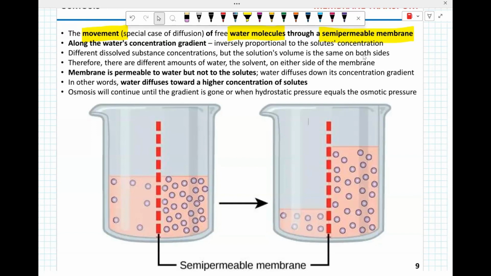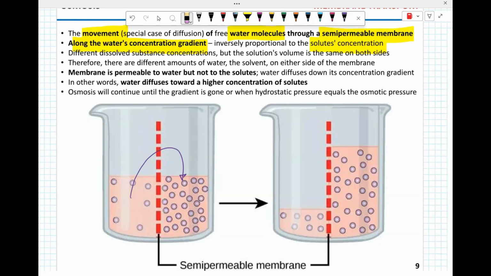Essentially, in this case, water diffuses along its concentration gradient, which is inversely proportional to the concentration of the solutes. In other words, the water moves from the area with the low solute concentration to the area with the high solute concentration. Now, it's important to understand that osmosis depends on the concentration of all the substances, but not on the nature of the substances.